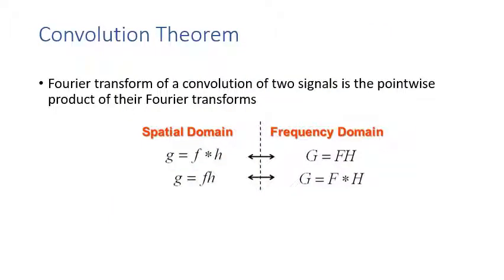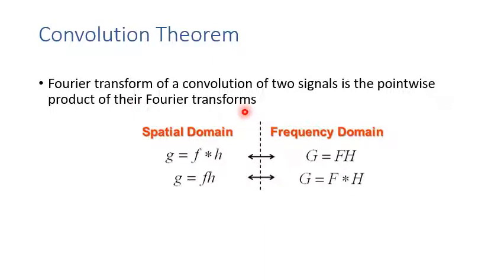To better understand convolutional neural networks, we need to know the convolution theorem. The convolution theorem states that the Fourier transform of a convolution of two signals is the pointwise product of their Fourier transforms.